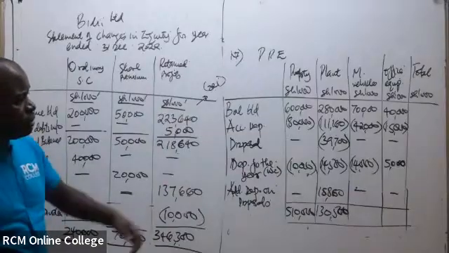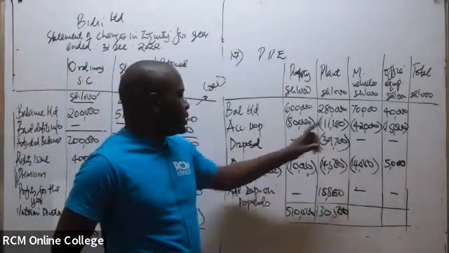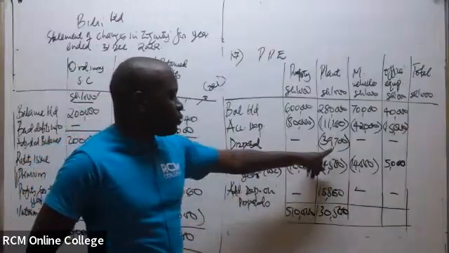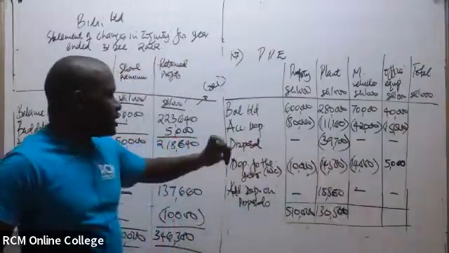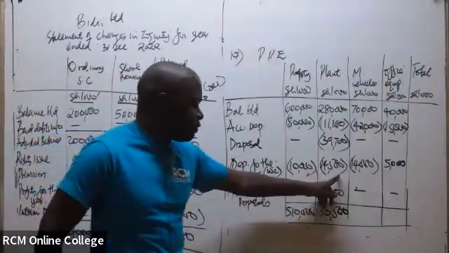Nekesa, have you done correctly? 280 plus 111,160. This is the accumulated depreciation. Then there was an item of plant which was disposed of, 39,700. Then the depreciation for the year, which you've computed under working number 2, is 14,500,000.